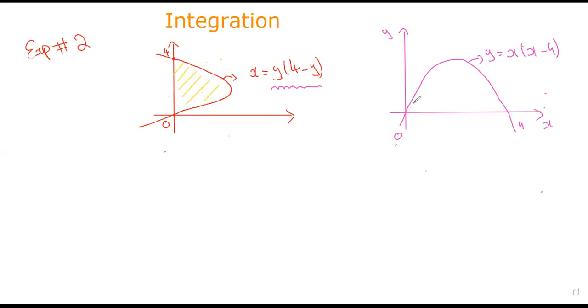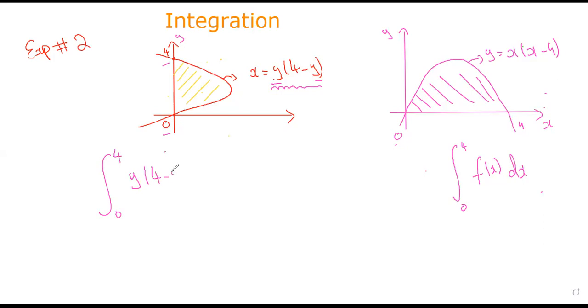Okay, so in order to find this shaded region, we used to integrate from 0 to 4, and we used to integrate f of x with respect to x. Okay, the difference here is that the variable is y. So obviously if the variable is y, the limits would also be of y, and we have them. So it would again be 0 to 4, but this time around it would be y, 4 minus y with respect to y. Okay, this is what you need to understand.